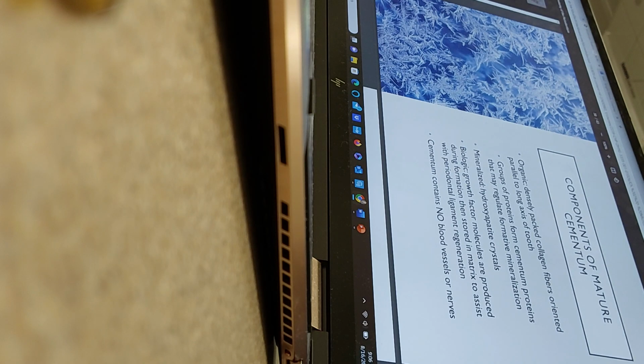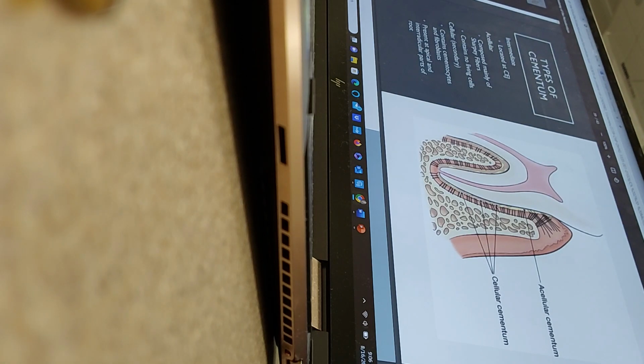So cementum depends on the PDL for its nourishment. Here is acellular versus cellular cementum. The acellular cementum is composed mostly of Sharpey's fibers, and it has no living cells. Acellular means no cells, right? That cementum is up here in the coronal half. The cervical third to cervical half of the tooth is covered by what kind of cementum?